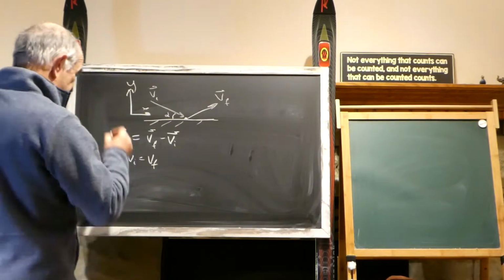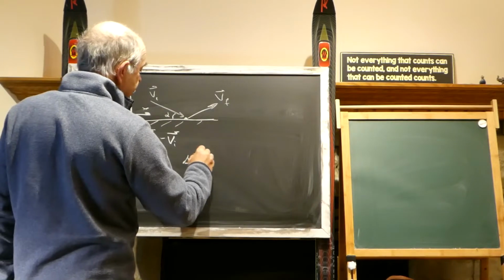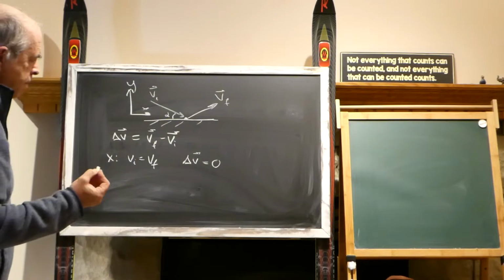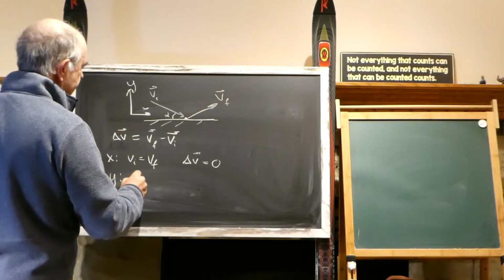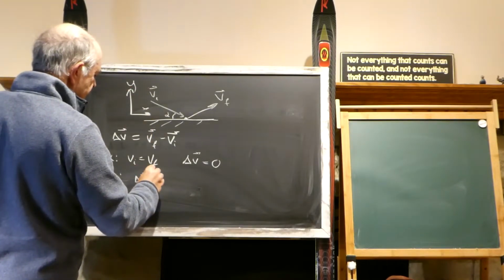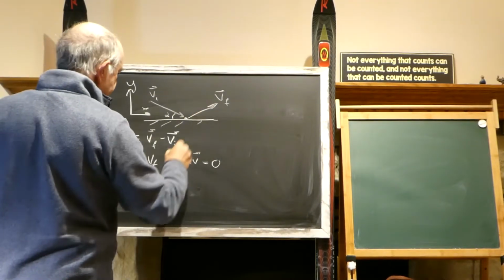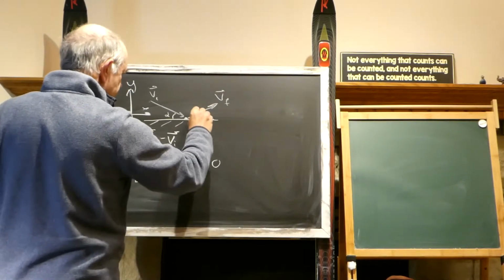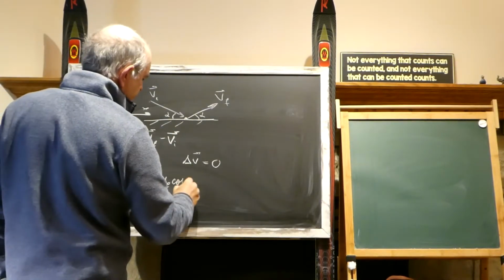And so along the x-axis initial equals final and delta v equals 0. So delta v has no component in this direction. And along y we have delta v, and this is vertical. Final is v final cosine alpha, because it bounces under the same angle, or let's say cosine beta.